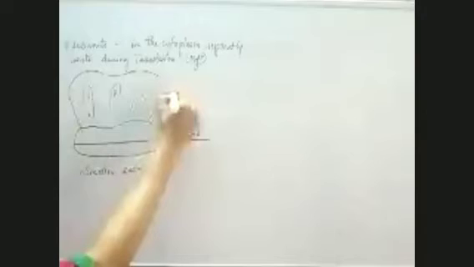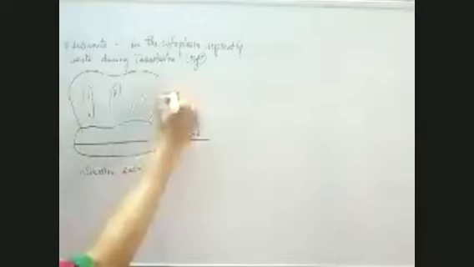And what is the function of this coded genetic message? This has to be converted into polypeptide chain. What is polypeptide chain? Polypeptide chain is protein molecule. It has to be converted into protein molecule.